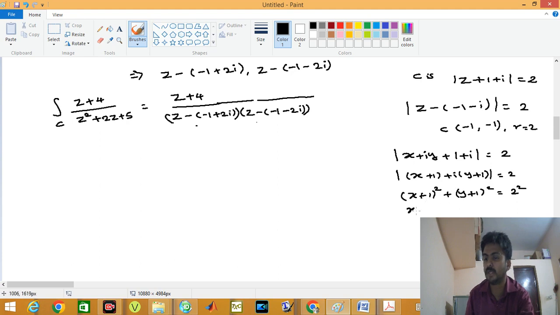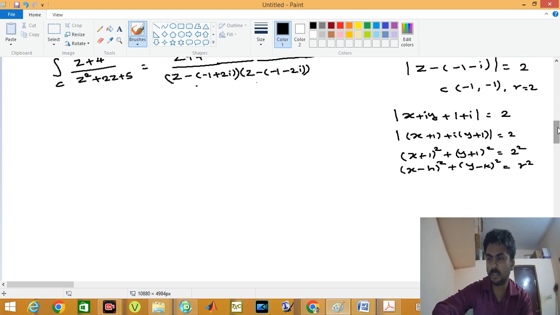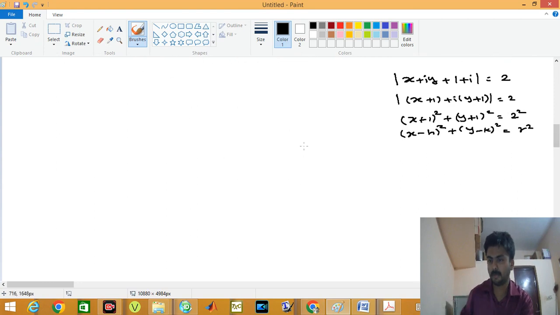It looks like (x minus h) the whole square plus (y minus k) the whole square equal to r square, where the center is h comma k.